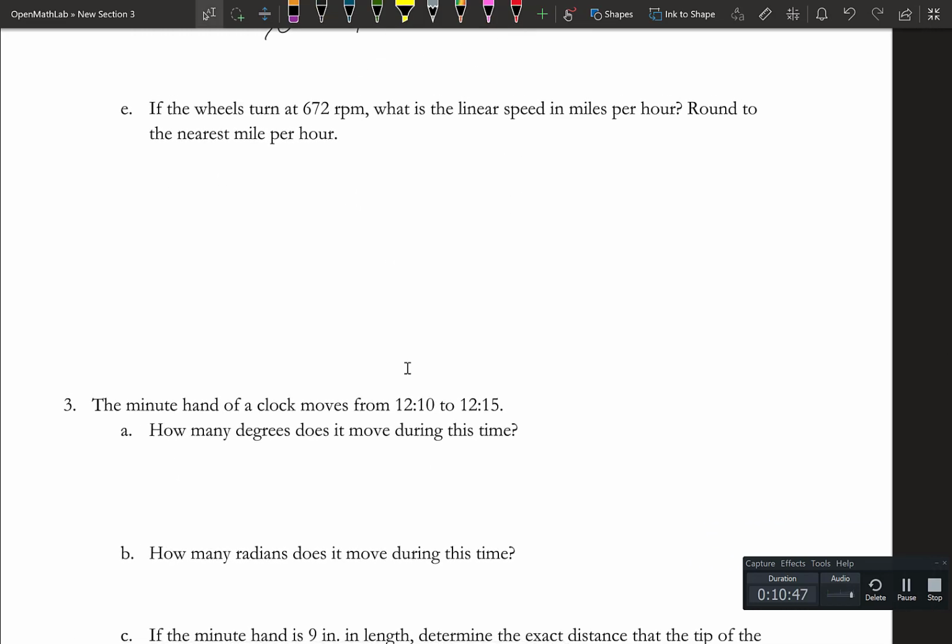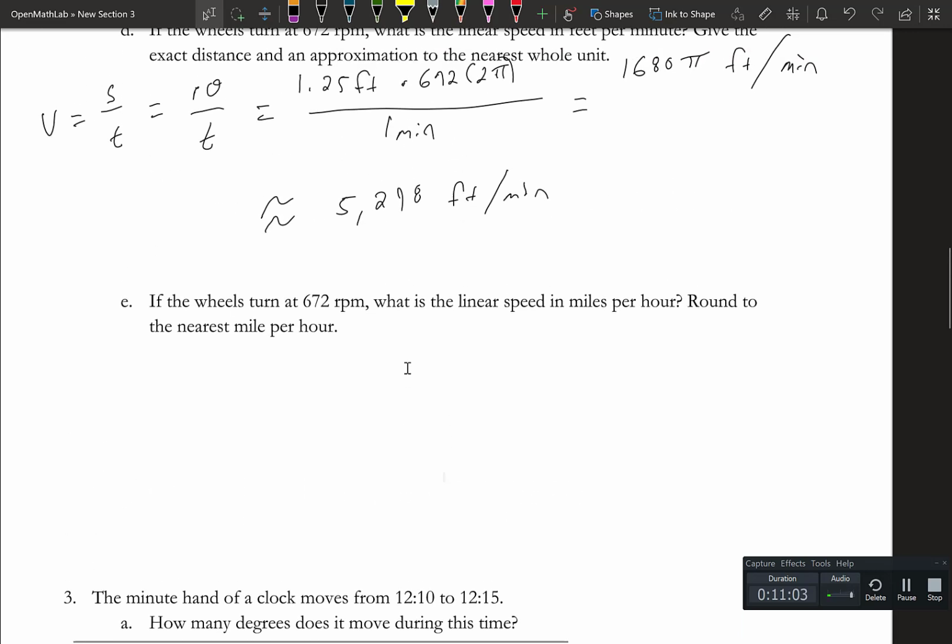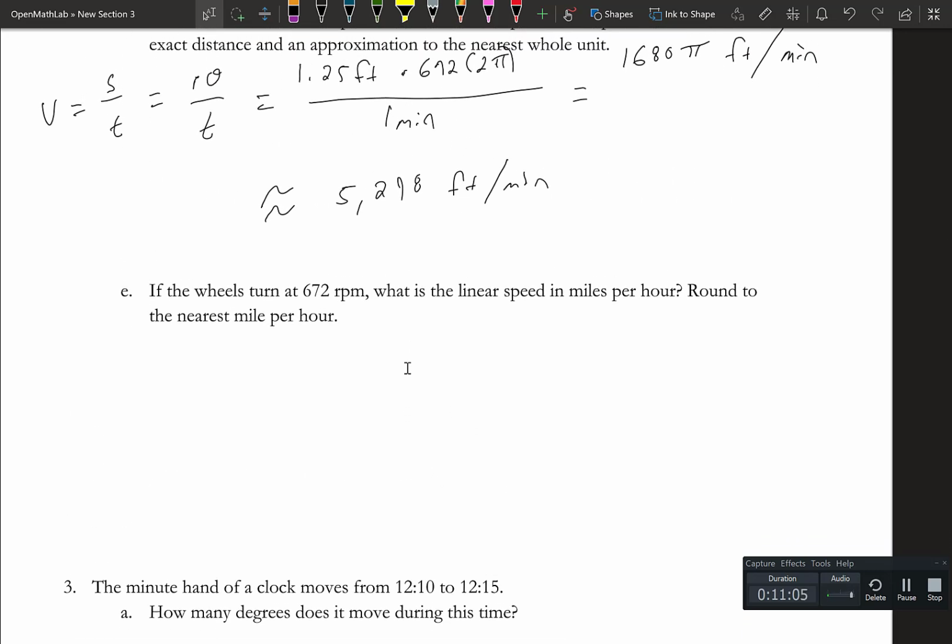So then E says if the wheel turns at 672 RPM, what is the linear speed in miles per hour? Round to the nearest mile per hour. So we already found the linear speed in feet per minute. So that was 1,680 pi feet per 1 minute.